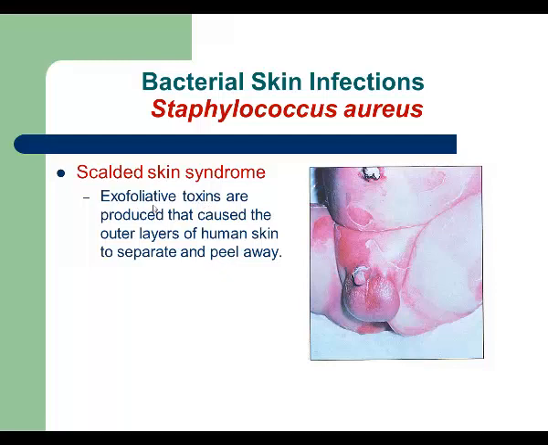This infection usually affects newborns and young children, and the main symptom of this infection will be exfoliation of the epidermis. Exfoliative toxins make the skin completely peel off from the surface. As a result, patients develop lesions that look like a sunburn. Lesions are extremely painful, and those children actually cry constantly.